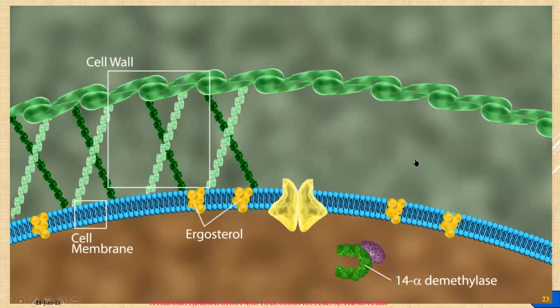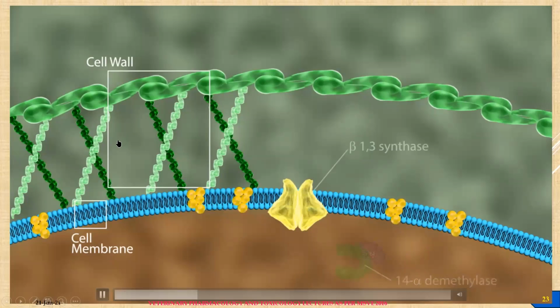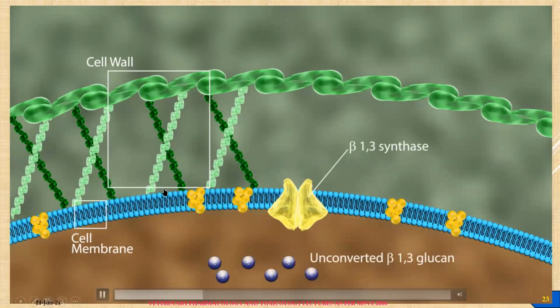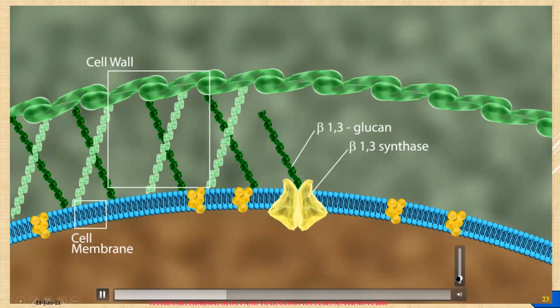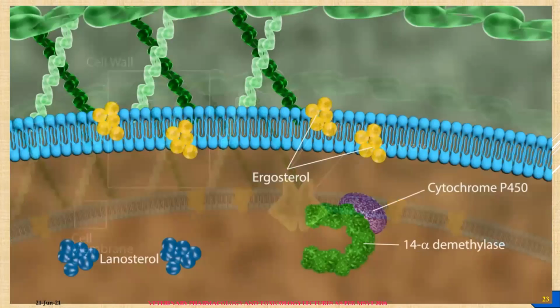The building block of the cell wall involves an enzyme, beta-1,3 glucan synthase, which builds the beta-1,3 glucan chain.